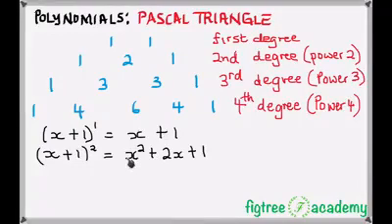Here my coefficient is 1, here my coefficient is 2, here my coefficient 1, which is highlighted here, 1, 2, 1. So this will be the coefficient. I want you to note something here, that the order here is x squared. So second degree, the degree of the polynomial here is 2, so x squared.